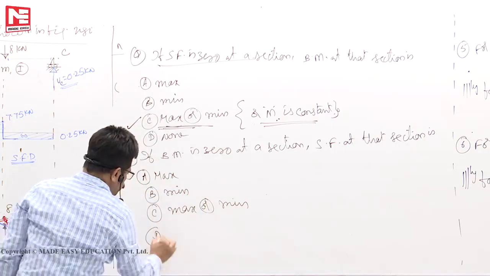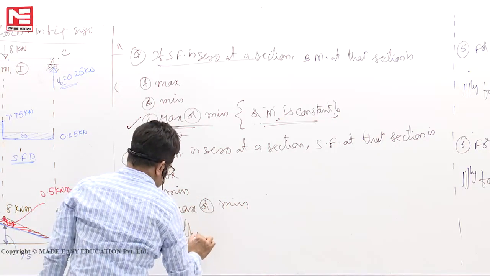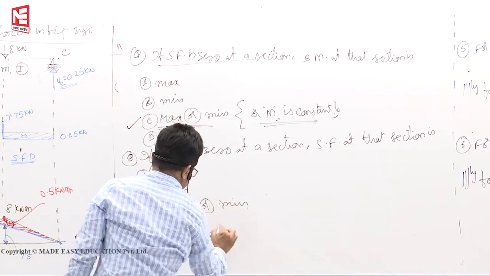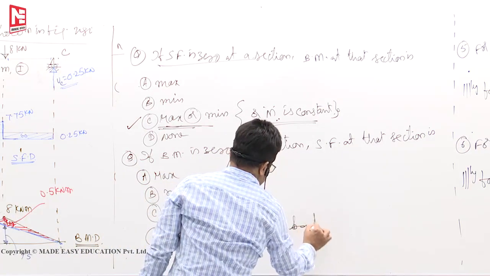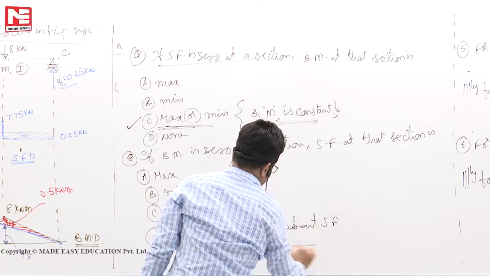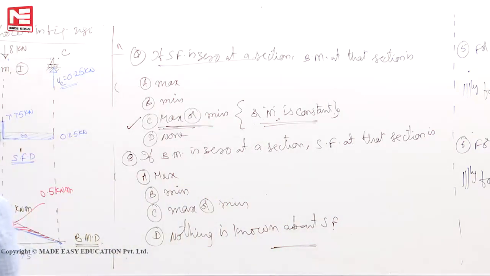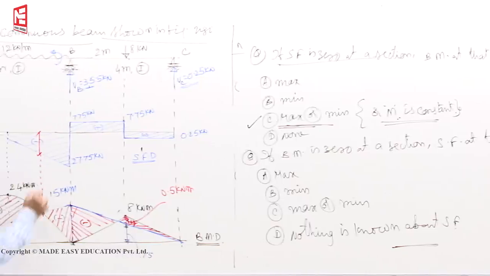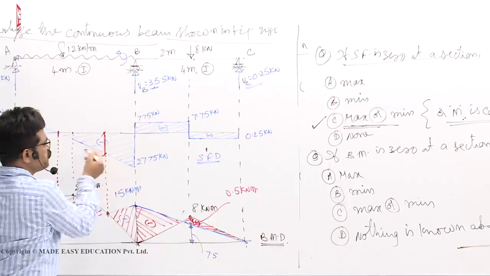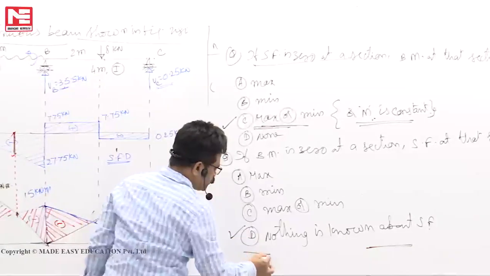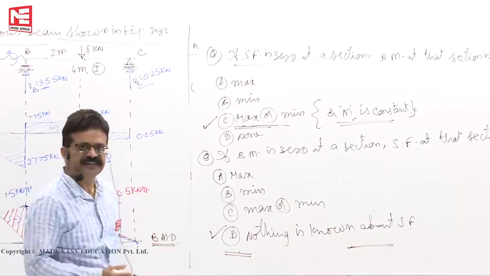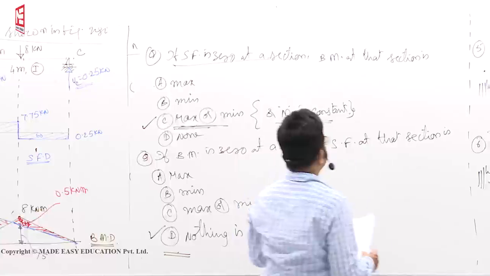They will not ask you, nothing is known about shear force, some hint they will give you. Now you see in this case, as you have learned, if bend moment is 0 at a section, shear force is neither maximum nor minimum, some intermediate value. Nothing is known about shear force. Why nothing is known about shear force? This is the reason.